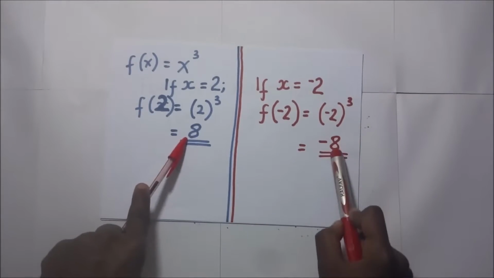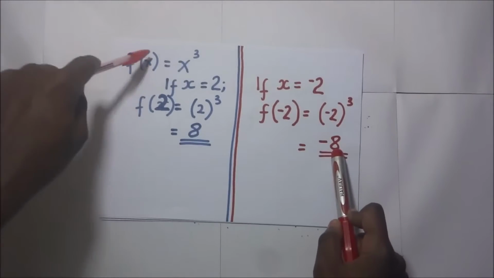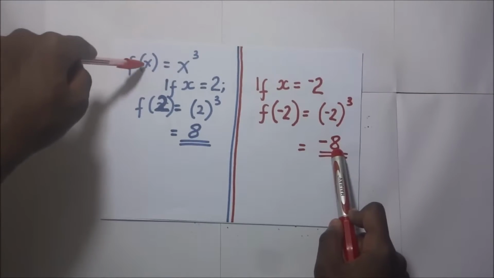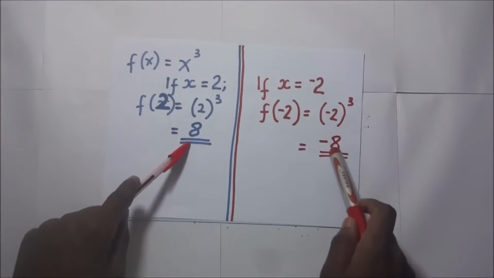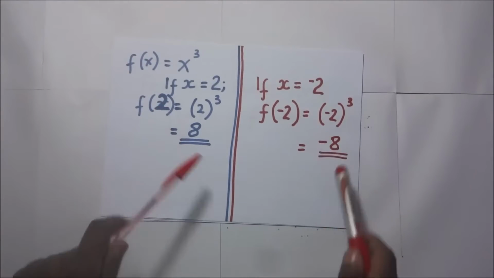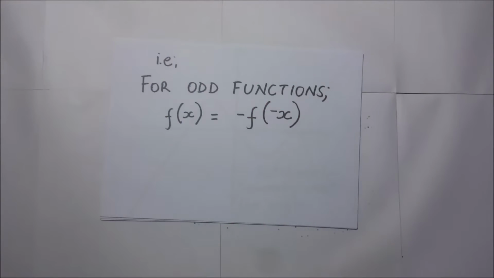So with an odd function, when we put in a negative value in the place of x, like we have done here, you end up with a negative answer, or a negative function. That brings us to the relation regarding odd functions.